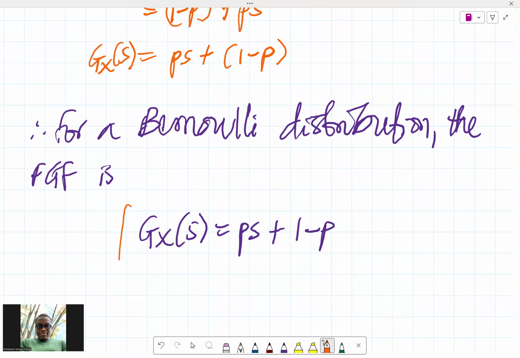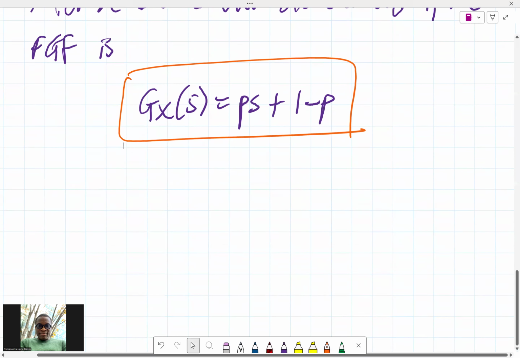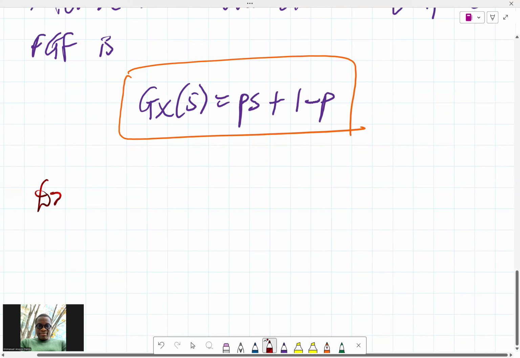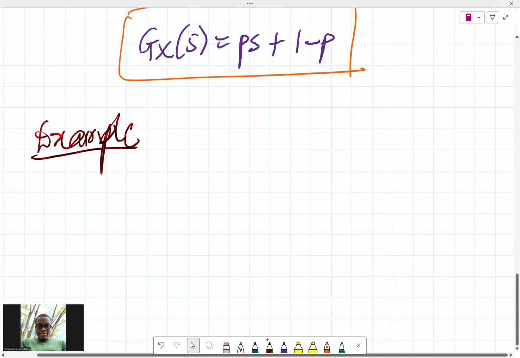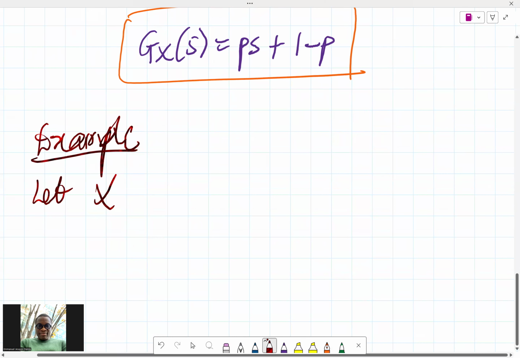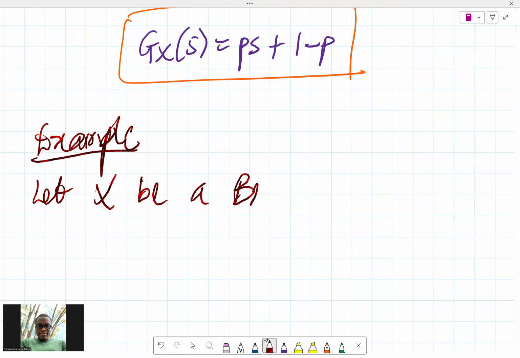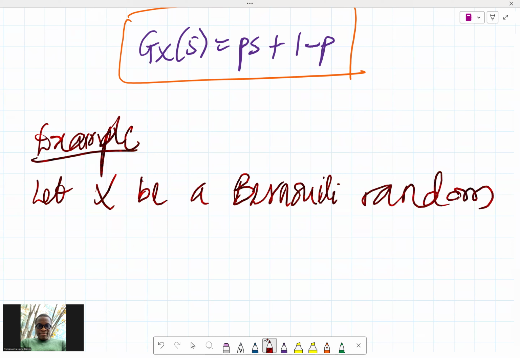Now, once we like to drive home the point always, so we take a worked example. Let X be a Bernoulli random variable with p equals 0.4.